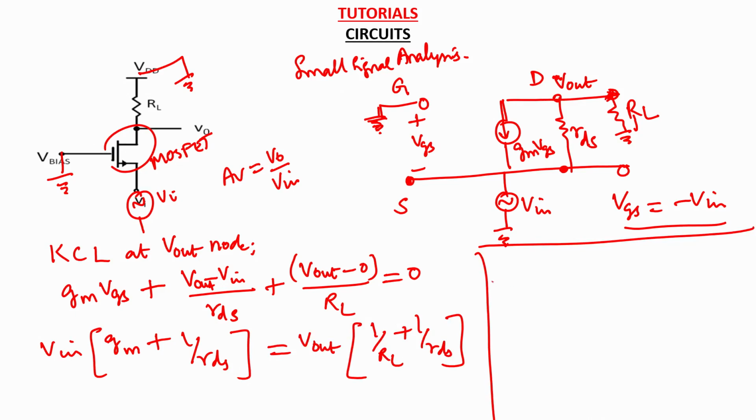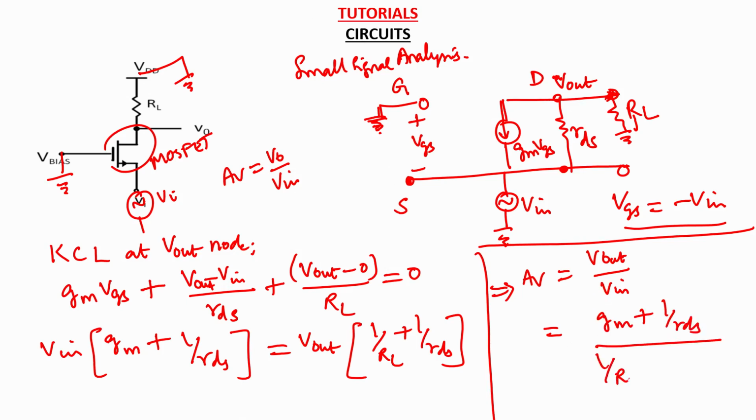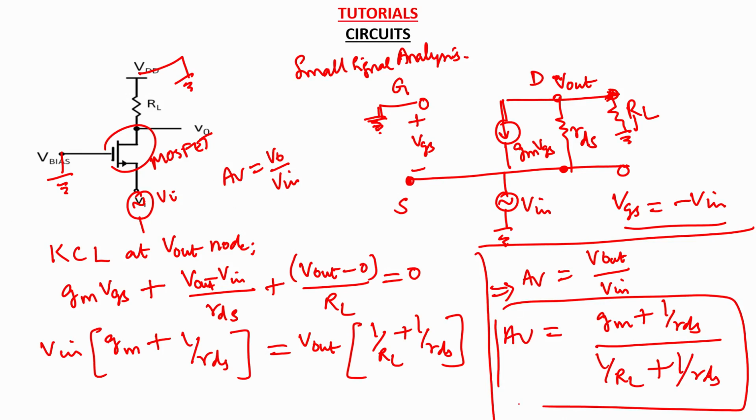Now AV, which is V out by V in, is (gm plus 1 by RDS) by (1 by RL plus 1 by RDS). This is the expression for the small signal gain for this topology.